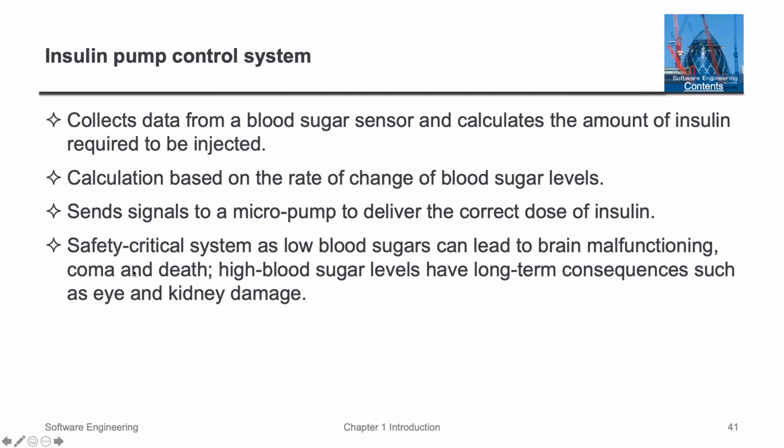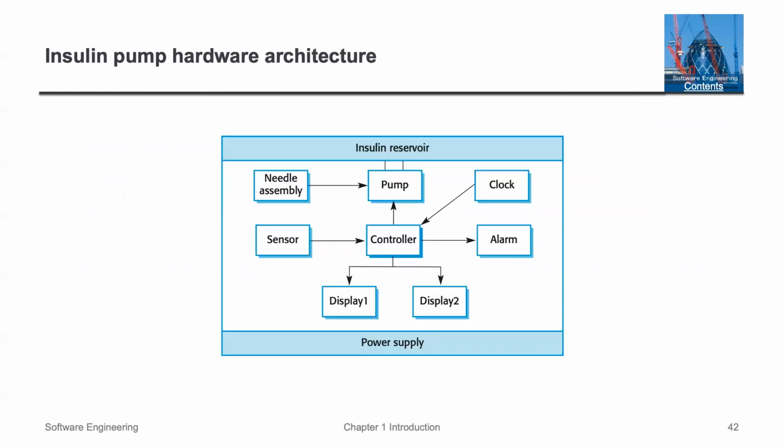In a safety critical system, low blood sugar can lead to brain malfunctioning, coma, and death. High blood sugar levels have long-term consequences such as eye and kidney damage. This is the reason why this would be an important type of capability to have.